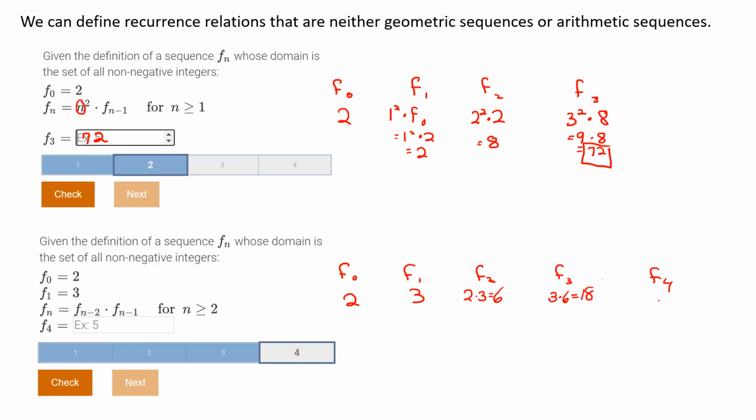And then F4 would be 6 times 18, and that would be, real quick, let's see, 18 times 6, 48, 108, right? Okay, so equals 108. So that would be our answer here, 108, okay? So it's just a matter of understanding how these recurrence relations work, and then being able to come up with different terms from the recurrence relations.